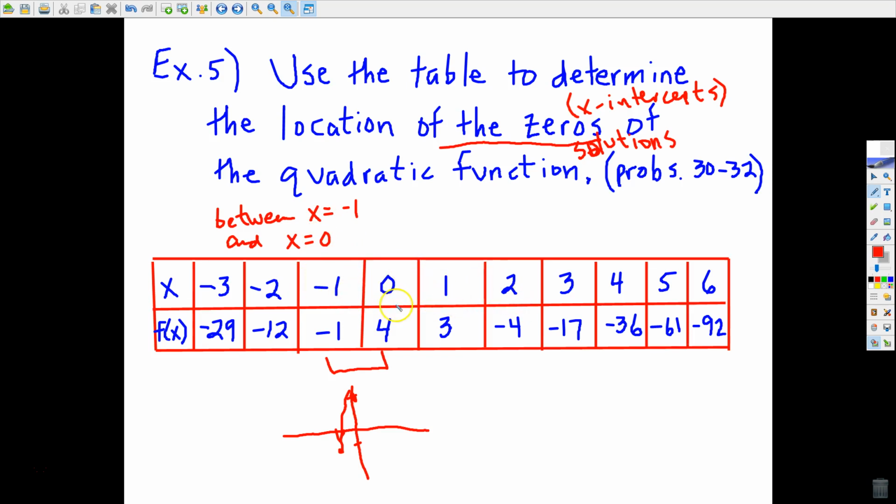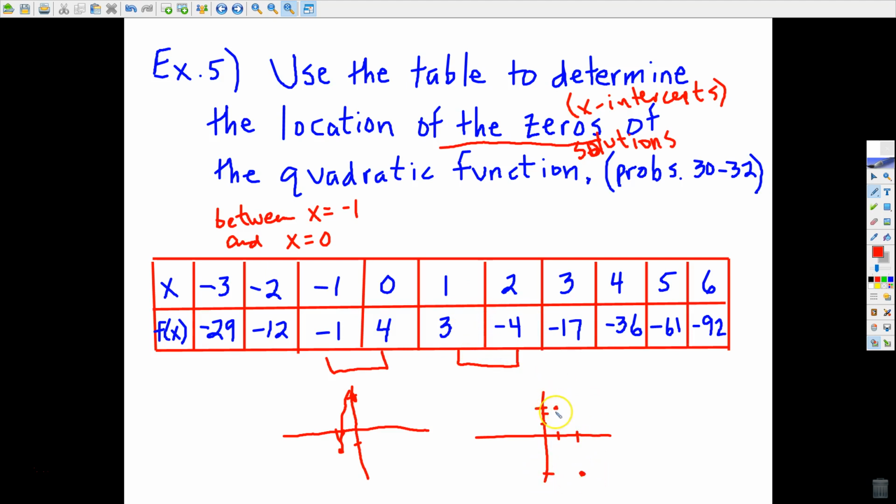You keep on going to the right, and you notice the change of sign happens again right here. We started at 3, so this time you can think of it this way: (1, 3). Just to give you a little rough sketch so you can look at something. Here's (1, 3). Well, (2, -4) would be down here.